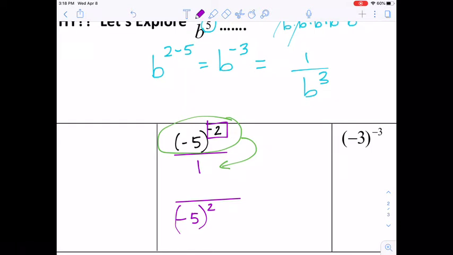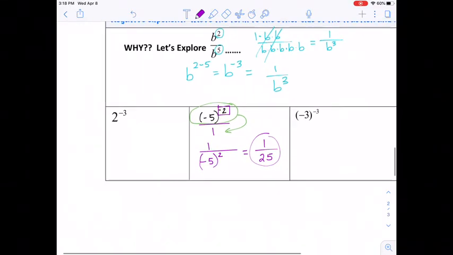It's not negative anymore when you move it. I still have a 1 left up top because there's always that invisible 1 up there being multiplied times anything that's up there. Then I want to simplify that. What is negative 5 squared? Negative 5 times negative 5 is a positive 25. So my answer is 1 over 25. You try the other two.